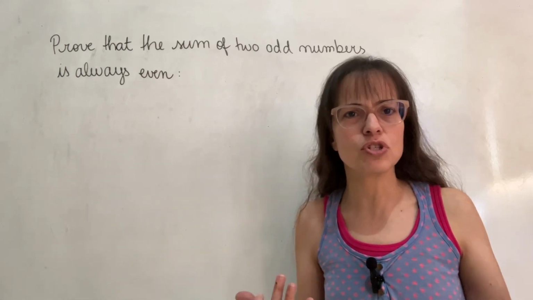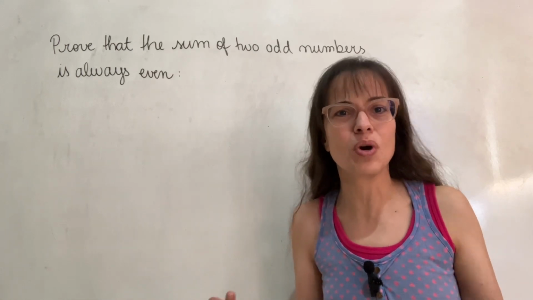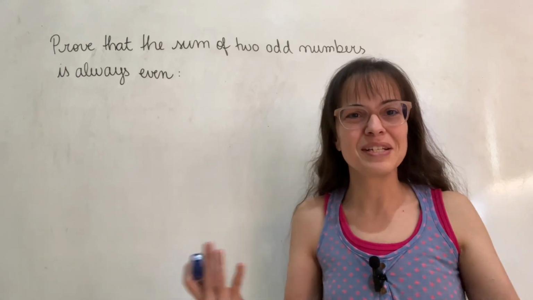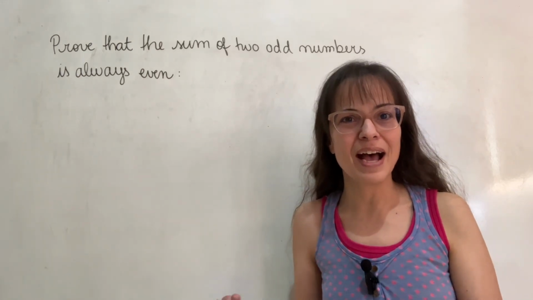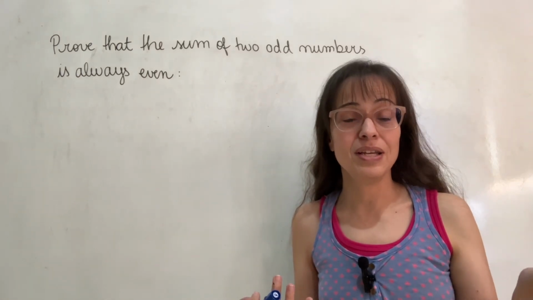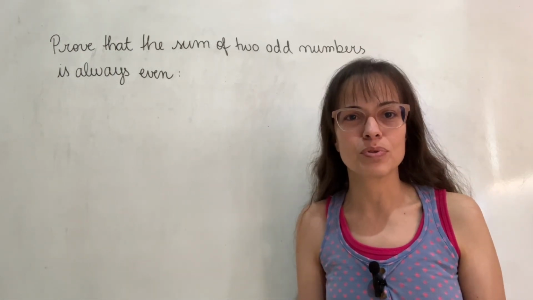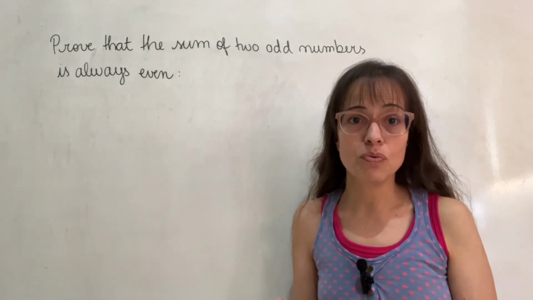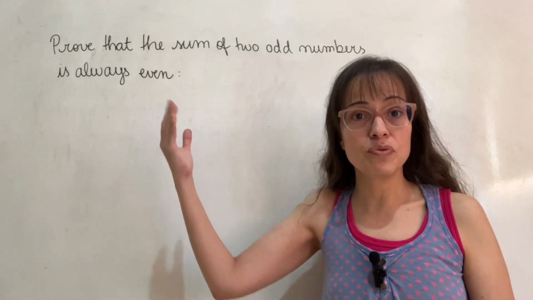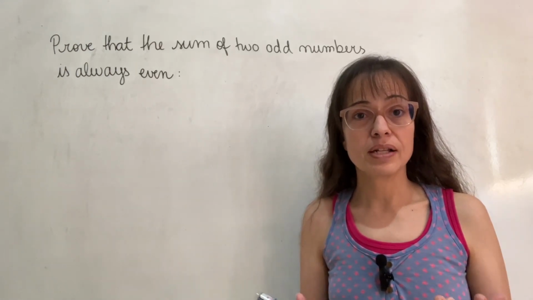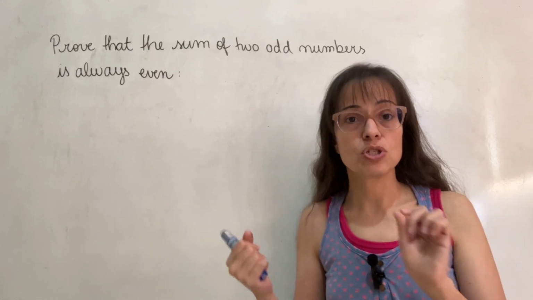Like 5 plus 7 is 12, 1 plus 11 is 12 also, 3 plus 15 is 18. Any two odd numbers that I add are going to give an even number as the result, but I am only giving examples, and examples don't prove anything. When I ask you to prove something, you need to do it in generality for all pairs of odd numbers.